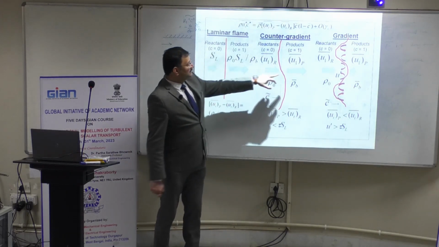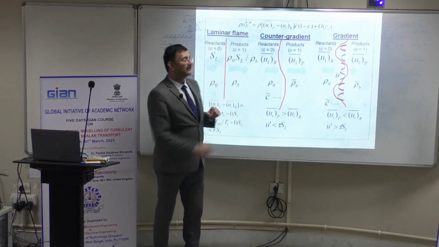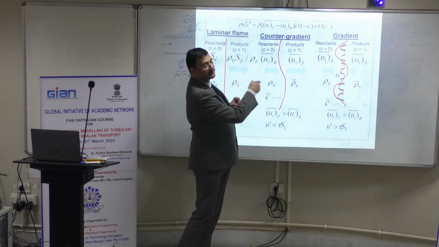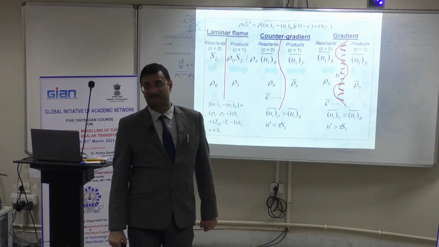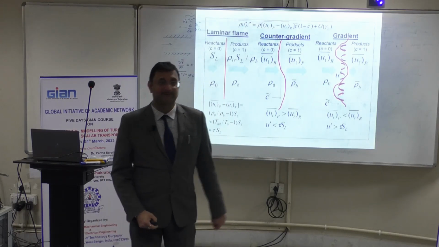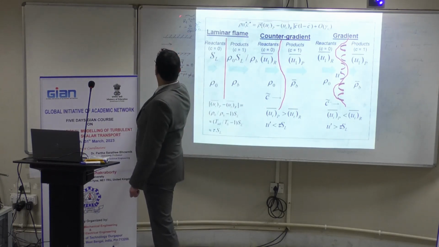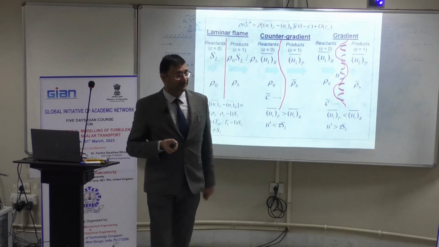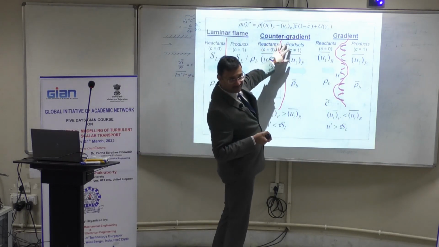If I have this situation where U_i P is greater than U_i R, what type of value are you going to get? Negative or positive value? Positive value, right? So clearly, it is not following this behavior, isn't it? And that gives rise to counter gradient type of transfer.